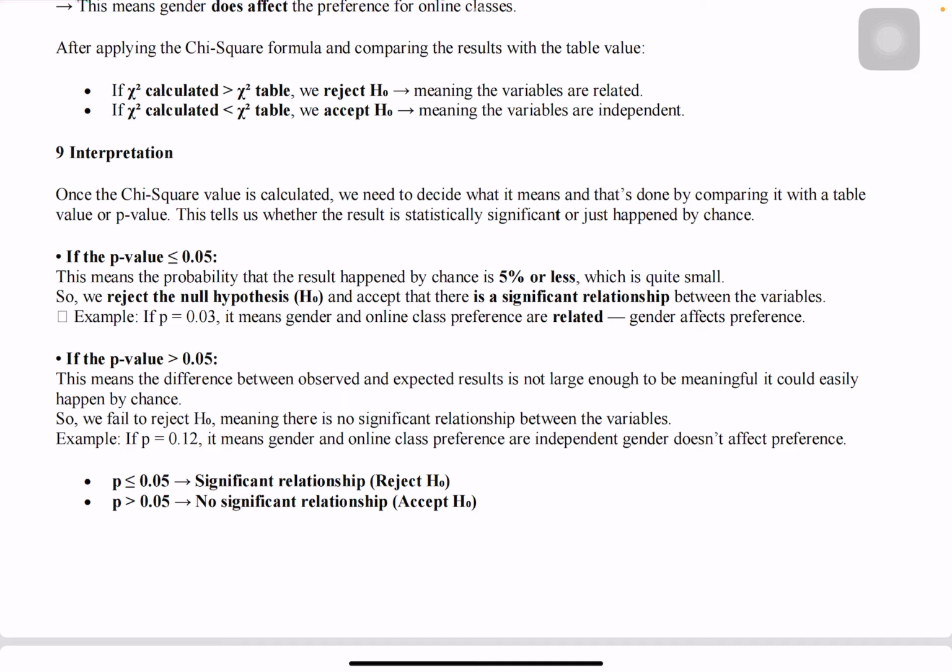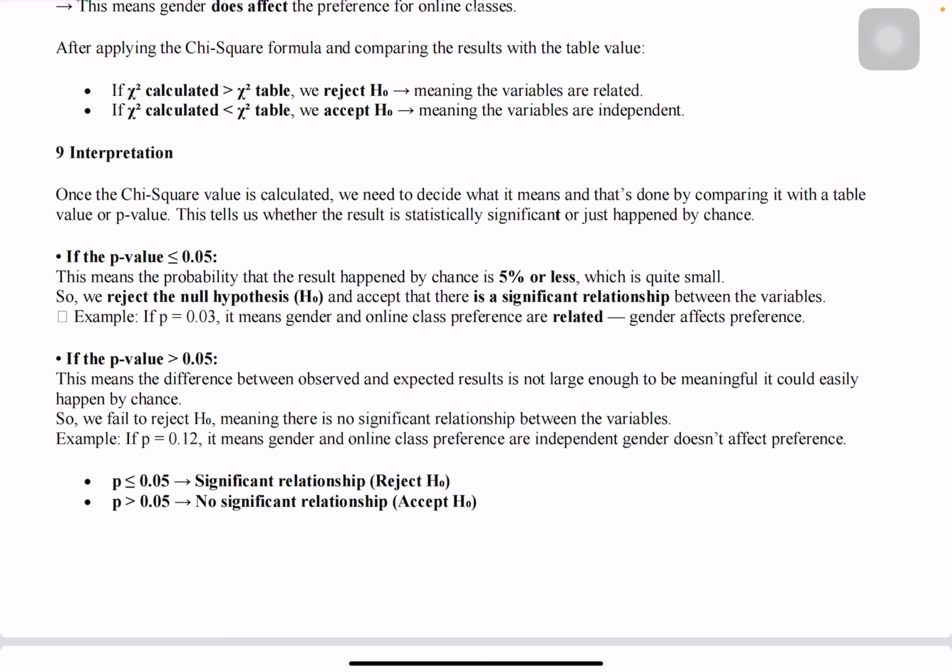For example, if p is equal to 0.03, it means gender and online class preference are related. Gender affects preference. If the p-value is greater than 0.05, this means the difference between observed and expected results is not large enough to be meaningful.